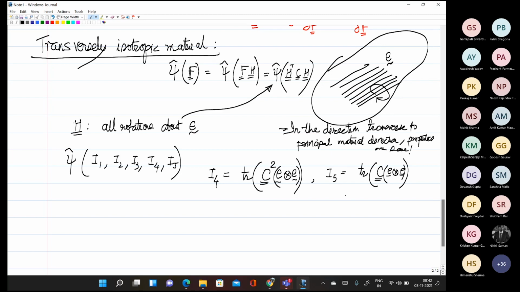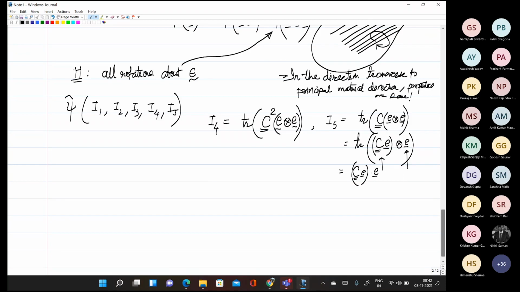This is the same as trace of CE tensor product E. Here you have a vector which is in a dyadic product, or tensor product, with another vector E. And if you want to get a trace, then it's simply the dot product of the two. It is the same as CE dot with E. Can someone tell me what is this quantity CE dot with E?